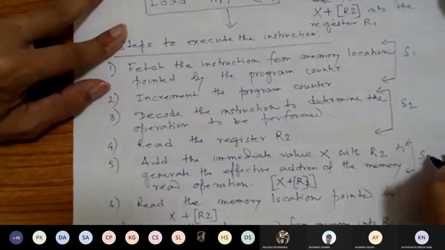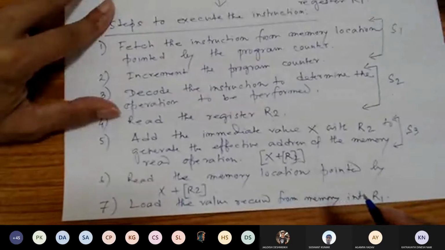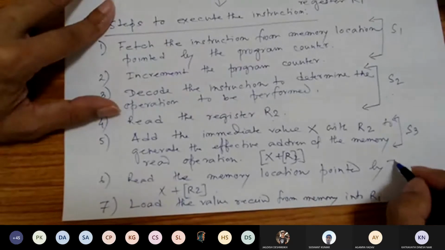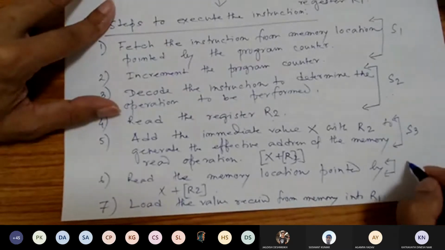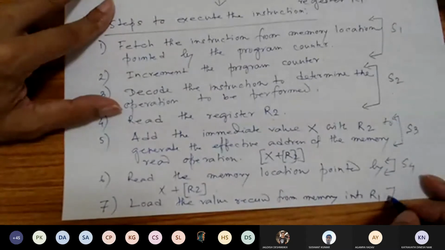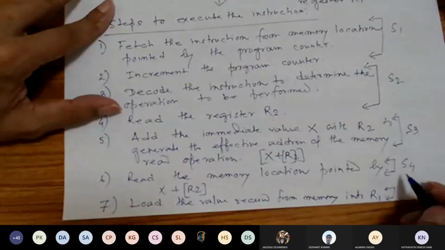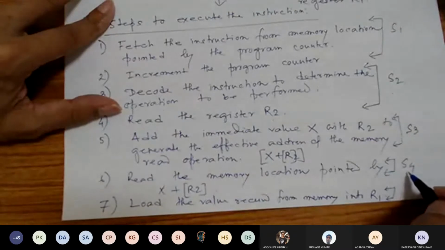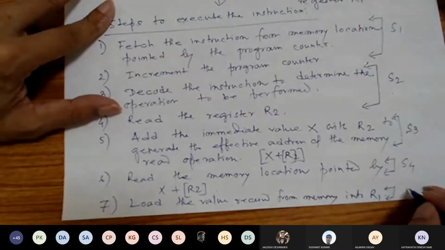So here basically you do S3. The fourth one is a memory operation. This is separate, S4, and this is writing the result. You cannot do it at the same time unless the memory function is completed, you cannot write it back. So this one is S5.